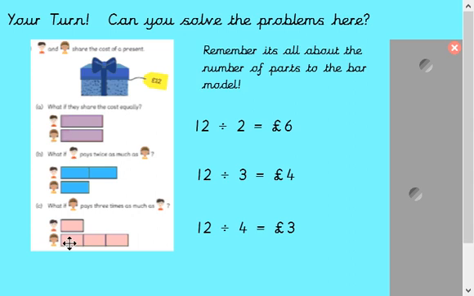This child here would have paid 3, 6, £9 towards the cost of the present. And we know that that's got to be correct because if we add the two together, we've got 9 plus 3 equals 12. Straightforward, really. You've just got to remember how many parts you need to divide by for your bar model.